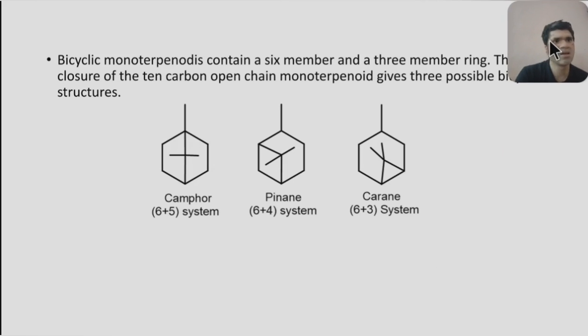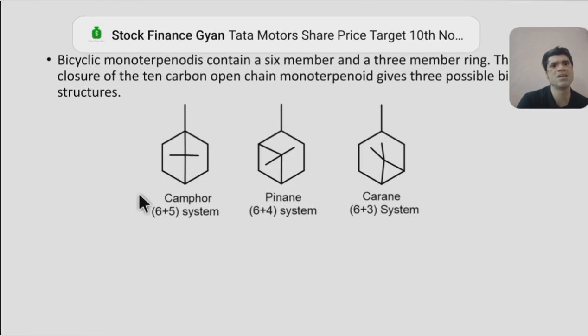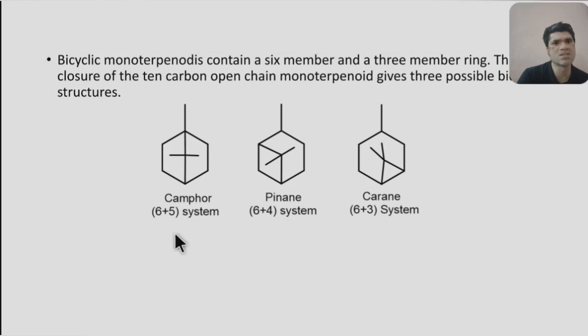That means in the case of bicyclic compounds, when ring closure takes place, it can give 3 isomers. That is, one is camphor 6+5 system, another one is pinene 6+4 system, and carene 6+3 system.